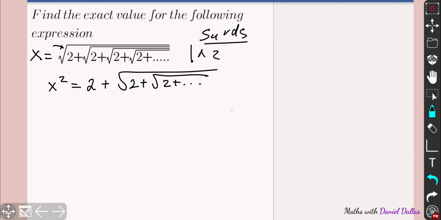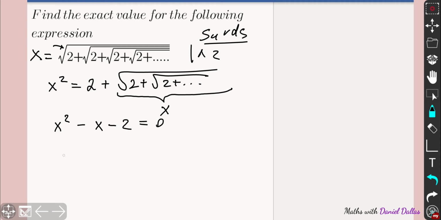So we eliminate the external root and stay with 2 plus the square root of 2 plus the rest. However, because there are an infinite number of terms, this expression is the same as the original one. So you can say that this is just x. So you'll have the quadratic equation x squared minus x minus 2 equals 0.